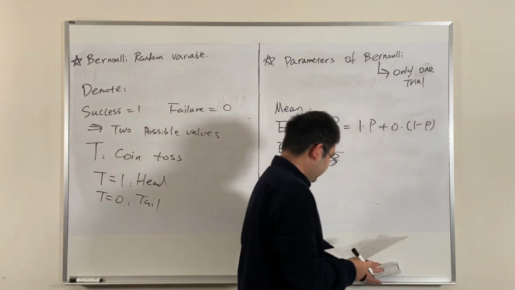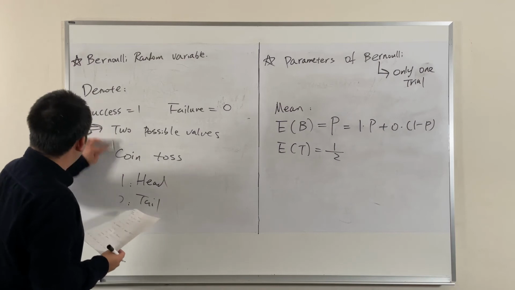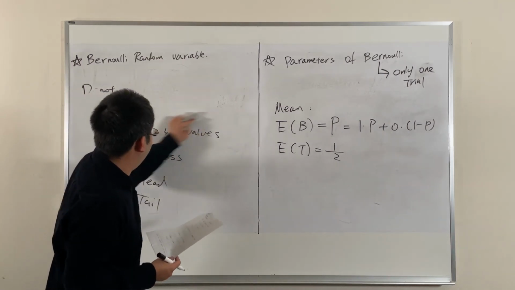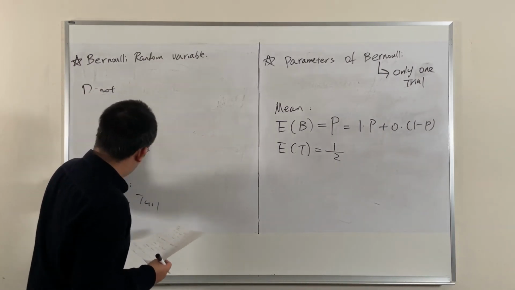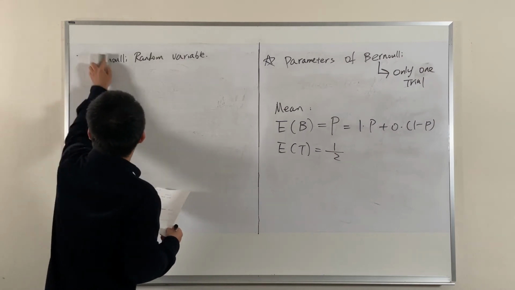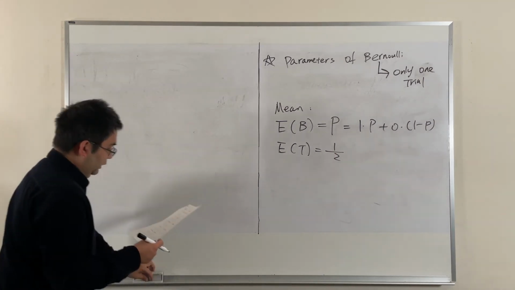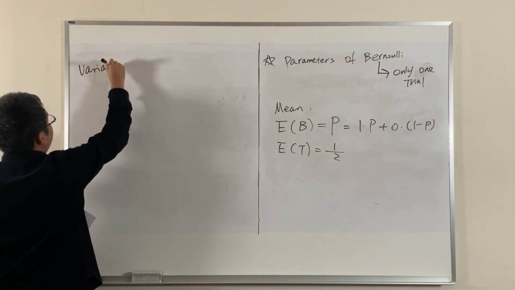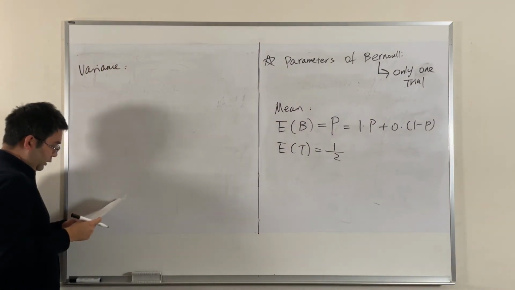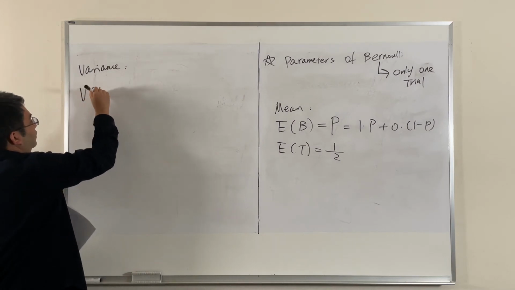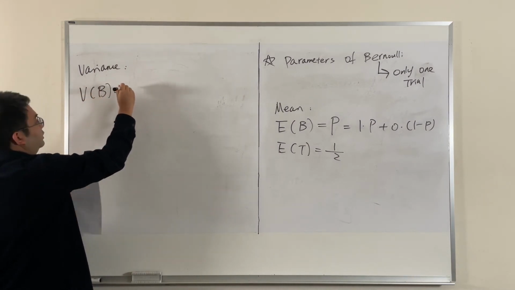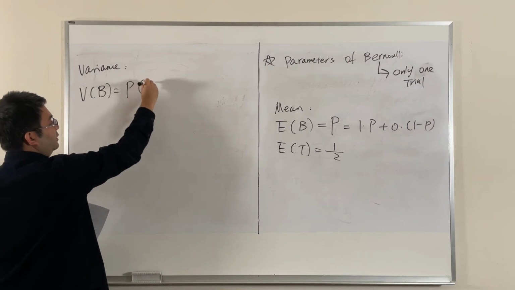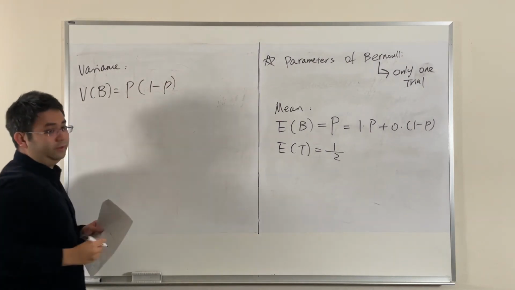Next, let's talk about the variance of Bernoulli. The variance equals the probability of getting a success times the probability of getting a failure.